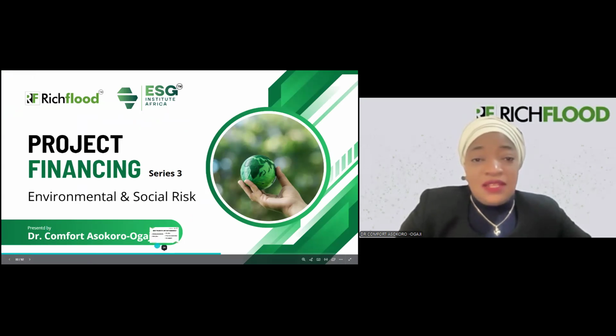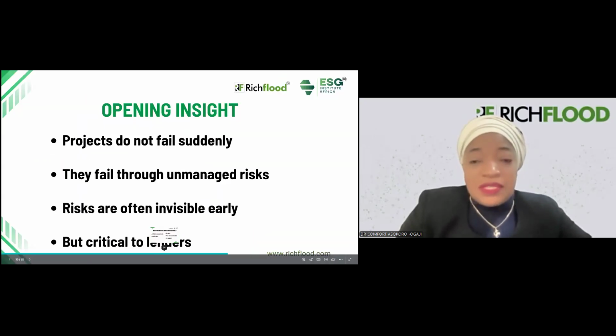And these include environmental impacts like pollution in all its forms, and also social impacts, like when you have community conflicts or labor issues within a community, within the organization. These are social impacts.